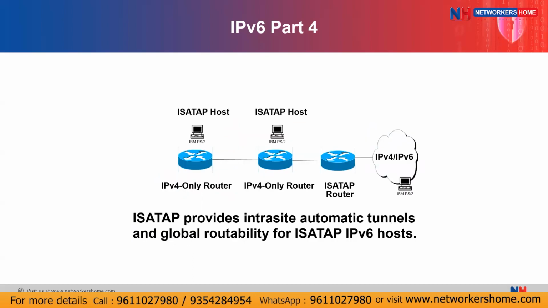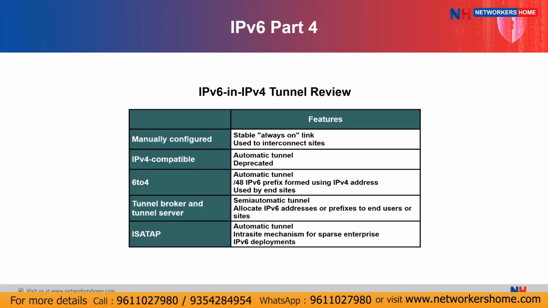Another method we have is ISATAP, which provides intra-site automatic tunnels and global routability for ISATAP IPv6 hosts. And these are the options we have for manual configuration: a stable, always-on link used to interconnect sites.